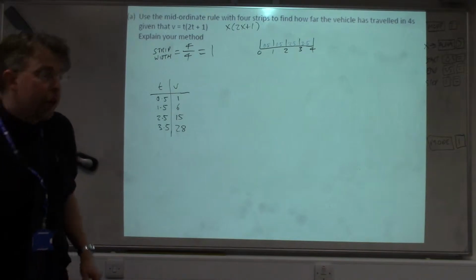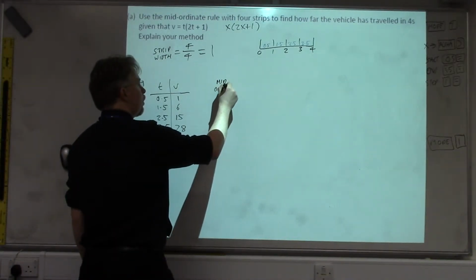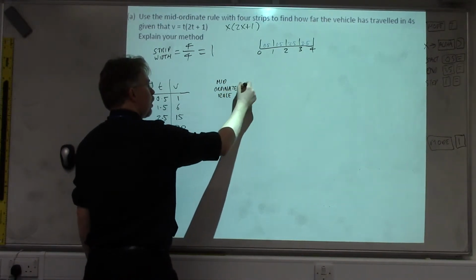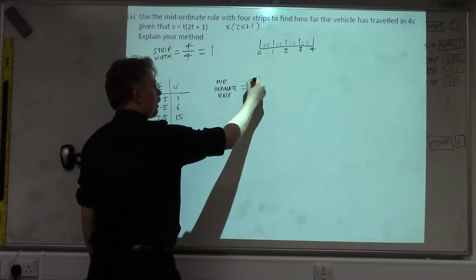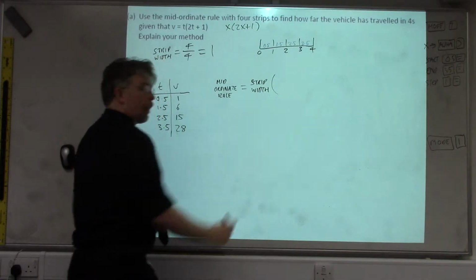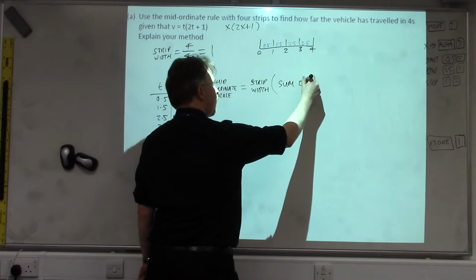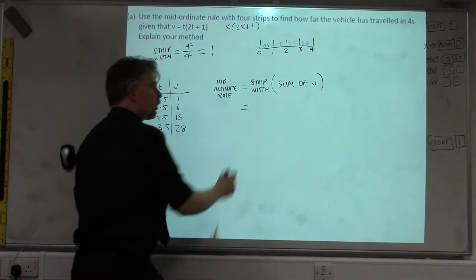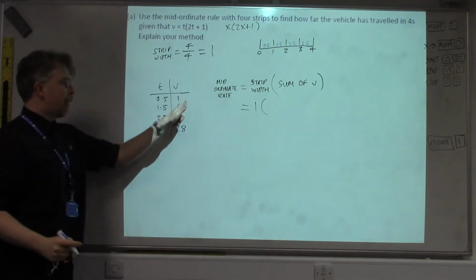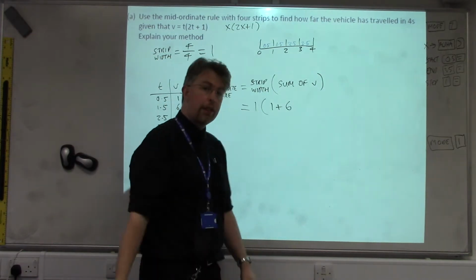We then apply the mid-ordinate rule formula, which is strip width times open bracket the sum of the V. So in this case the strip width is equal to 1, and then we add up all our V values: 1 plus 6 plus 15 plus 28.